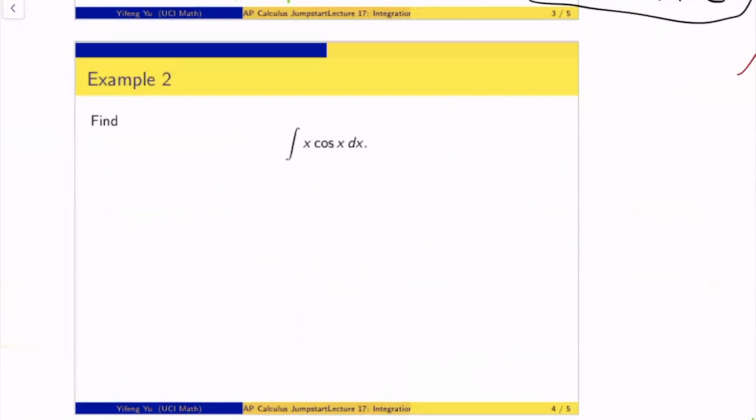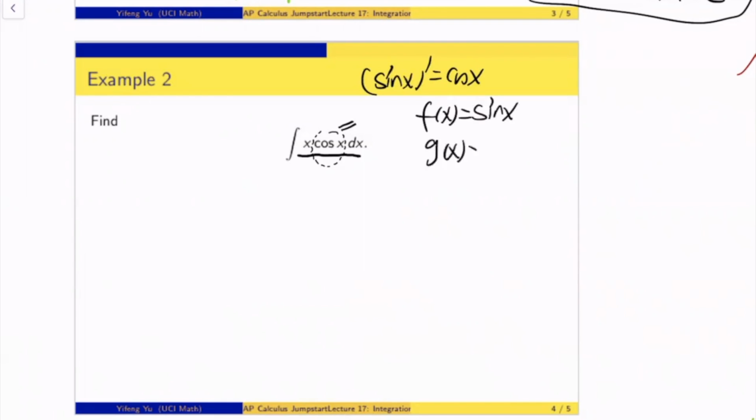I want to find the antiderivative of x times cosine x dx. Here, you can try different ways to see which one works for you. Maybe I can use sine x, because its derivative equals cosine x. So I choose f(x) to be sine x, and g(x) equals x.